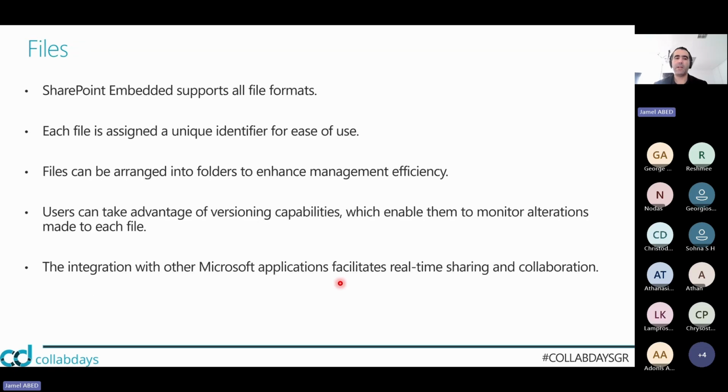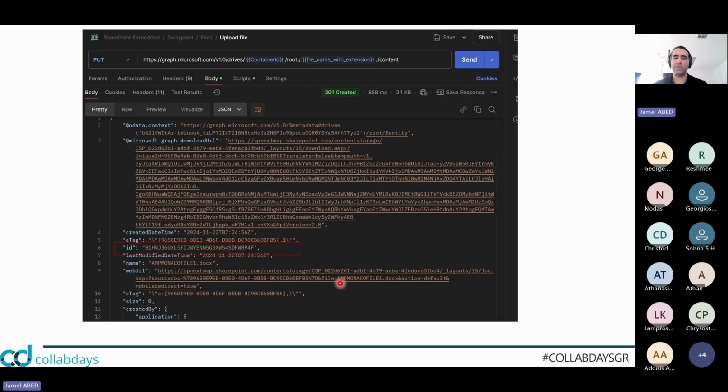And the container type is a collection for your content. All files are supported by SharePoint Embedded. You can store all files inside the SharePoint Embedded content. For example, here I have a Graph API call. As you can see, graph.microsoft.com with the container ID. I specify the container ID, and what this query does is add the file to this container.